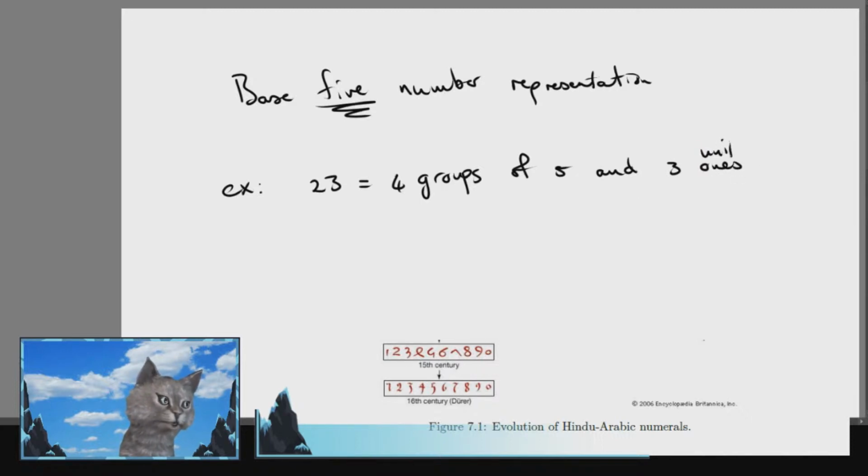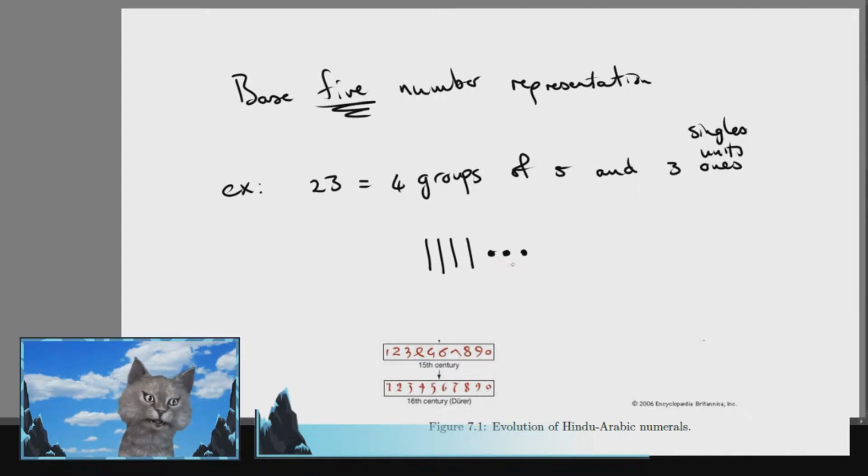Some people say units. Some people say singles, whatever you want to call it. So if you want to represent that with symbols, you could say, okay, well, let's suppose a line is a group of 5, and then I'm going to have 4 lines, and then 3 little single rocks, for example.